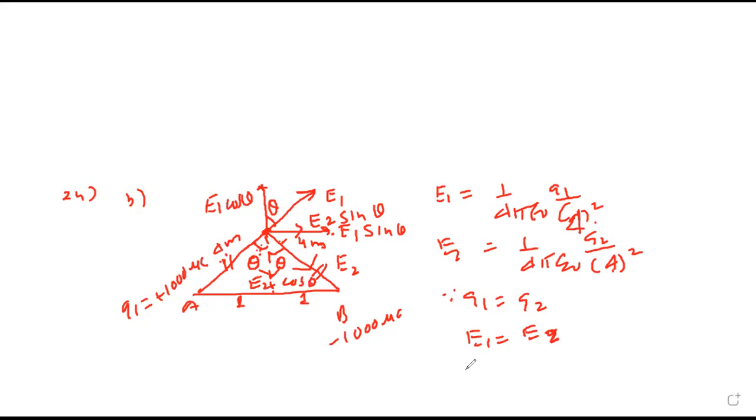Therefore, E1 cos θ will cancel E2 cos θ because they are equal and opposite.